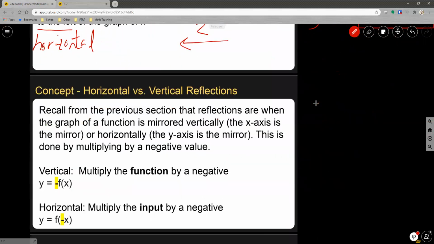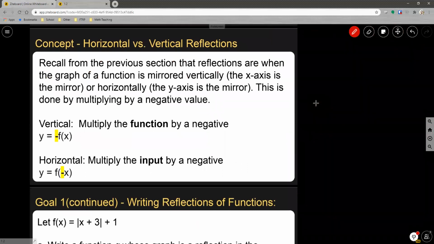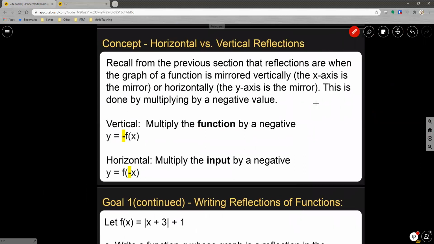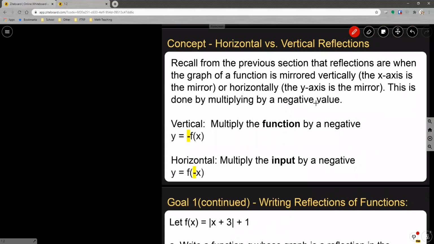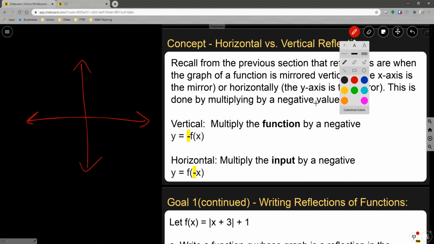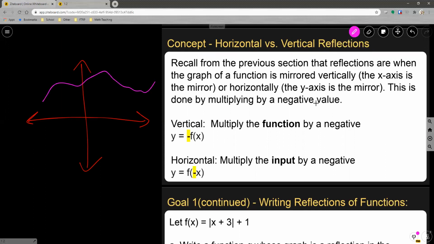Next up, we'll talk about reflections. Same idea. Recall from the previous section that reflections are when the graph of a function is mirrored vertically. The x-axis acts as the mirror. What I mean by that, if I have some function, let's say it's pink, and the graph of my function looks like this. It can be anything.